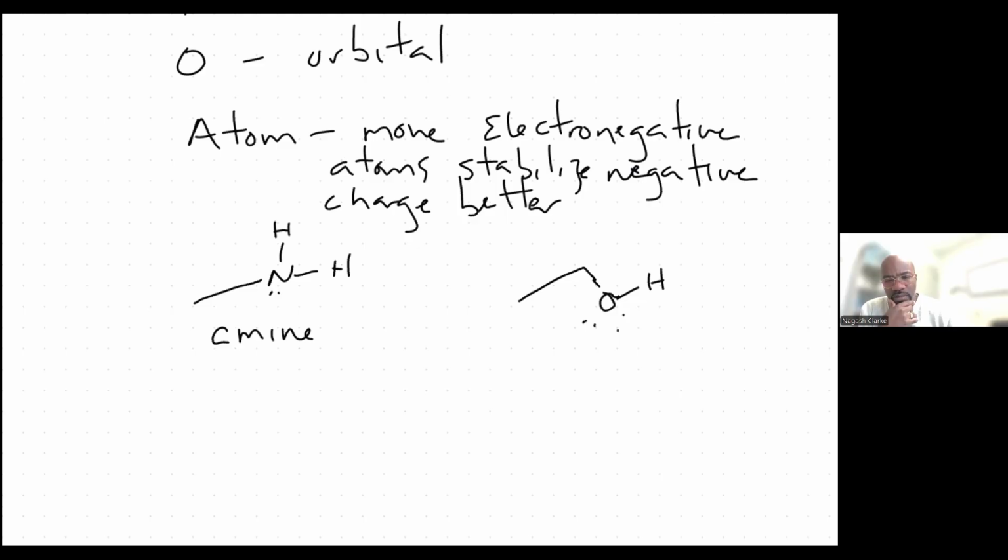This is ethanol. If I form the conjugate base, it's going to be a negative charge on the nitrogen, and then a negative charge on the oxygen.